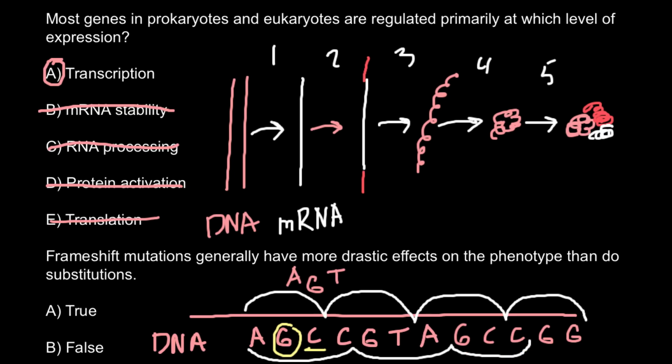So the whole protein would be changed, and the function of such a protein also would be changed, or this would be a non-functional protein altogether. And as you see, frameshift mutations generally have more drastic effects on the phenotype than do substitutions. And this is true, and this is answer A.